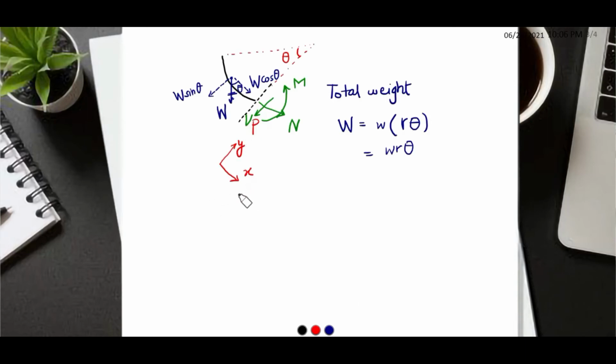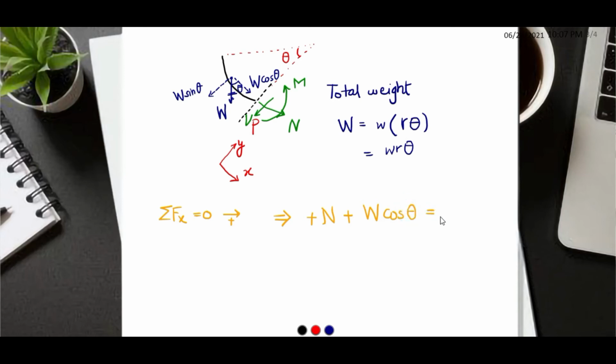So our x direction is mentioned, so applying this equation, this gives, see, in this direction, this is our x direction, N is going in this direction, so that means plus N. Again W cos theta is also acting in this direction, plus W cos theta.